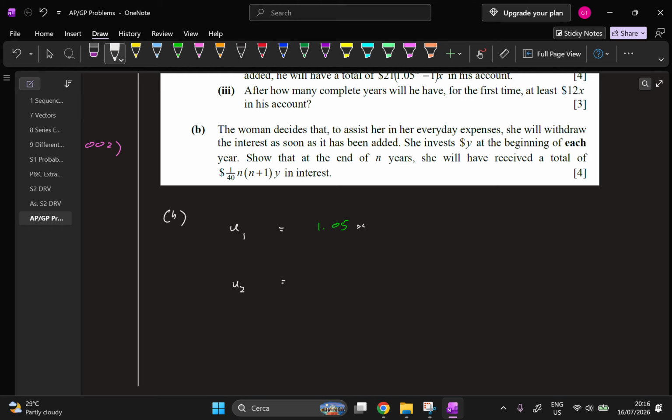U2 is going to be, she will withdraw the interest as soon as it has been added. Oh, no. Then this is a lot simpler, because she will have 1.05y. She invests y, and then she will withdraw the interest.